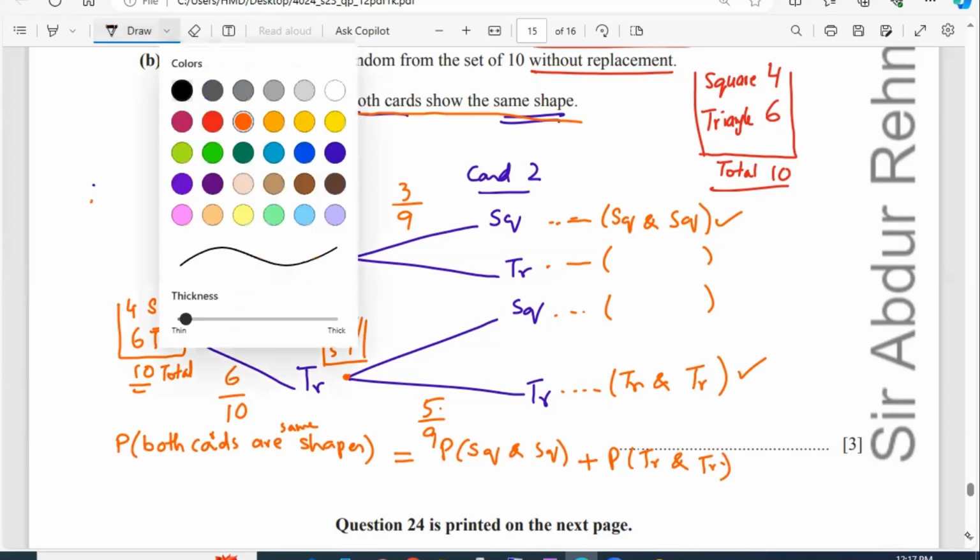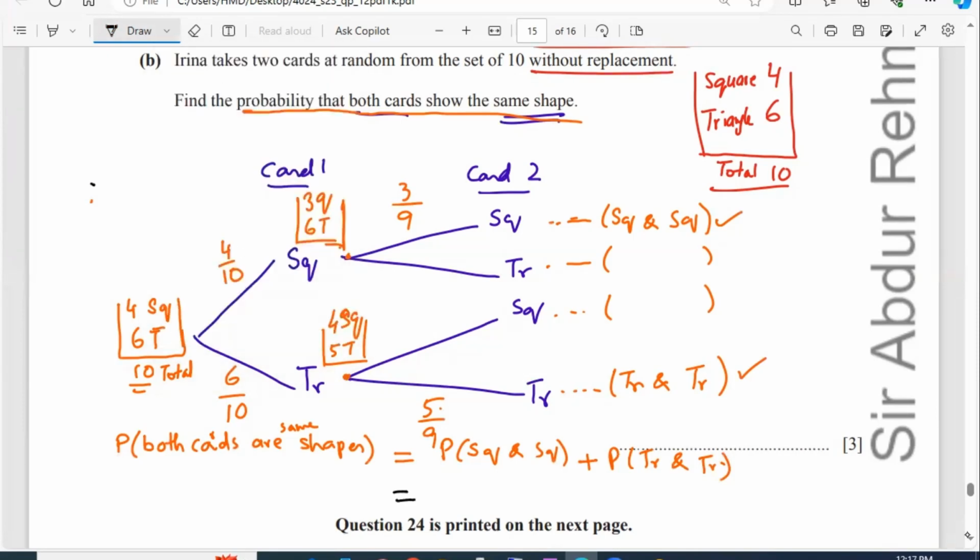So the probability of square and square is 4 over 10 times 3 over 9. Plus the probability of triangle and triangle, which is 6 over 10 times 5 over 9.